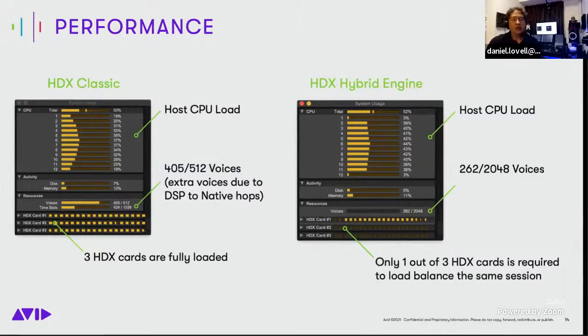Whereas we can see in the HDX Classic mode, that system is almost completely full, near its physical limit. And that's what we talked about earlier on. It's a physical limitation, and that physical limitation in the example on the left has almost completely been used up.